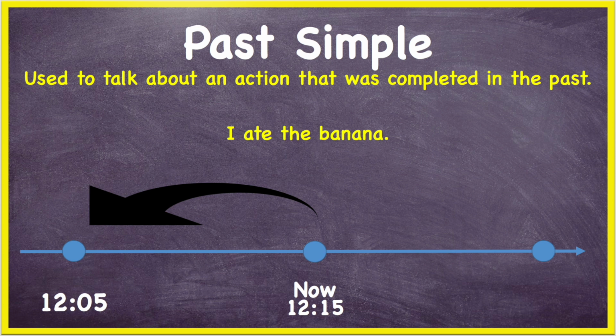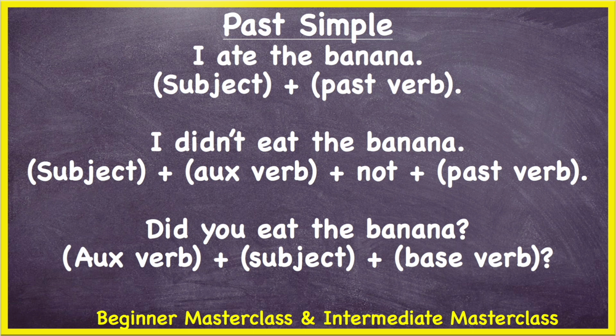At 12:05, I ate the banana. Now it's 12:15, but at 12:05, I ate the banana. So the structures they are subject plus past verb, and then plus any object, right? So I ate.